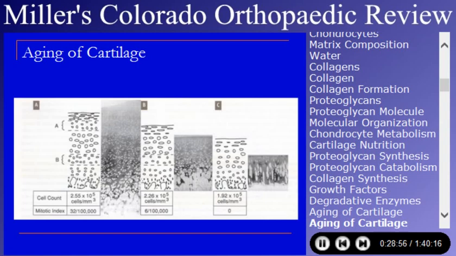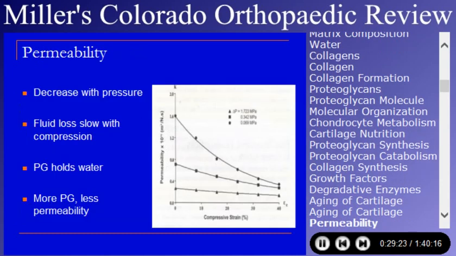So this picture's again from the Academy book showing very young cartilage with lots of proteoglycan, lots of mitotic activity, relatively speaking. As one ages, the amount of proteoglycan markedly diminishes, and the activity of the cells, again, markedly diminishes or ceases with age.